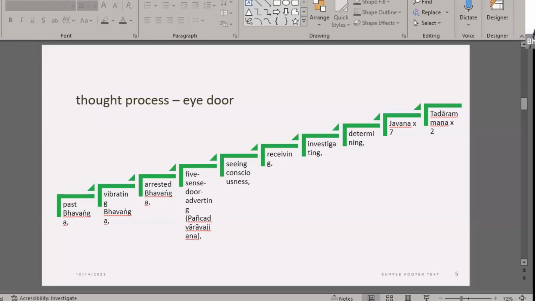After that, there are some particles on the lips. He licks them and falls asleep. That's like tadarammana chitta. We have discussed this simile several times. So with this simile, we can also understand the thought process through these doors.